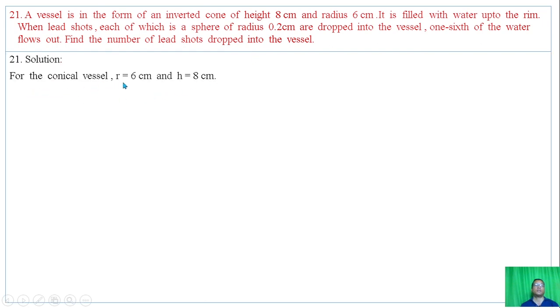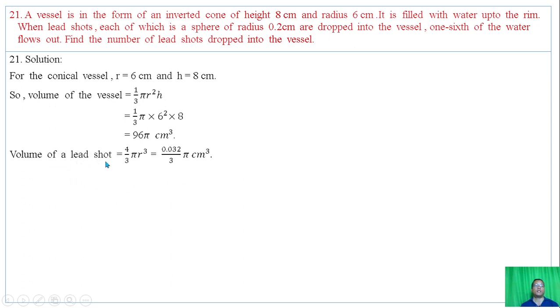For the conical basin, radius is 6 centimeter, height is 8 centimeter. The volume of the basin is 1 by 3 pi r square h, putting the respective values, we have 96 pi centimeter cube. Volume of a lead shot is 4 by 3 pi r cube, the sphere.